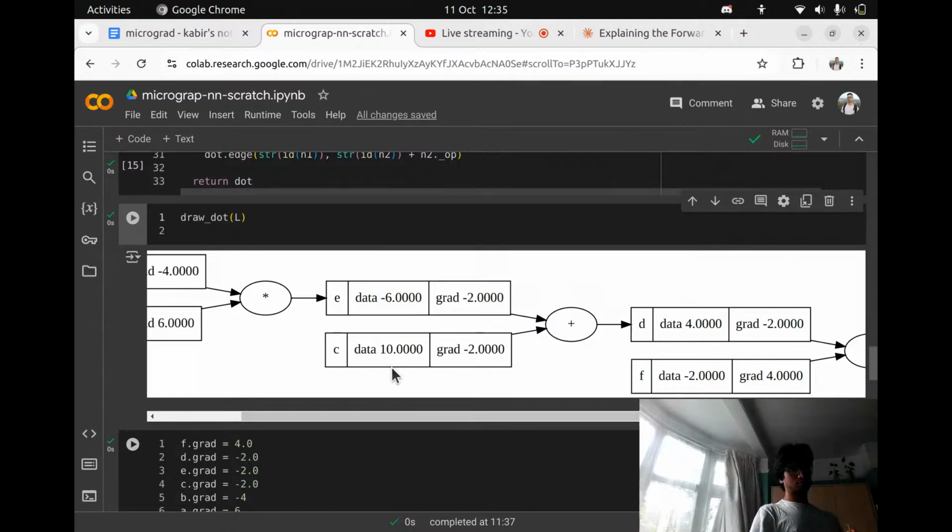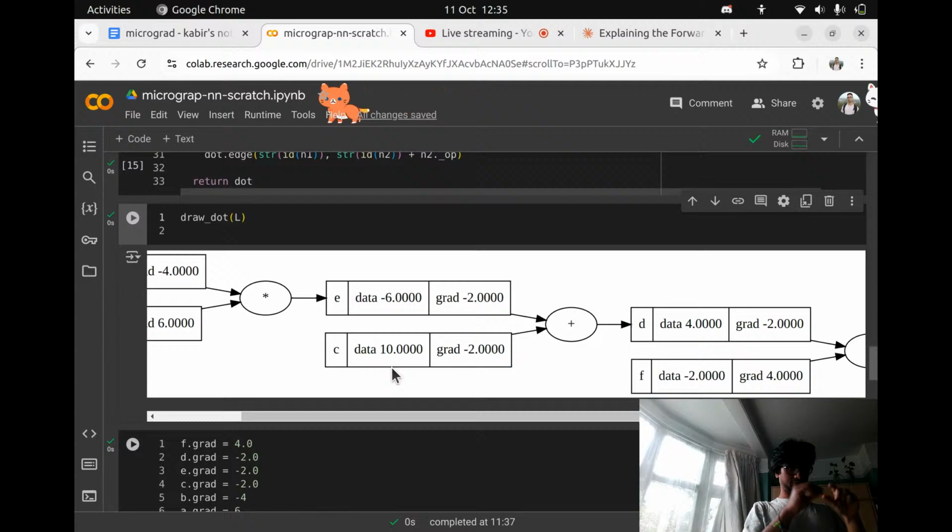And now we want dl by da, right? The chain rule is telling us that that's dl by de, which is -2, times the local gradient. So what is the local gradient, basically de by da? We have to look at that. I'm a little times node inside a massive graph, and I only know that I did a times b and I produced an e.